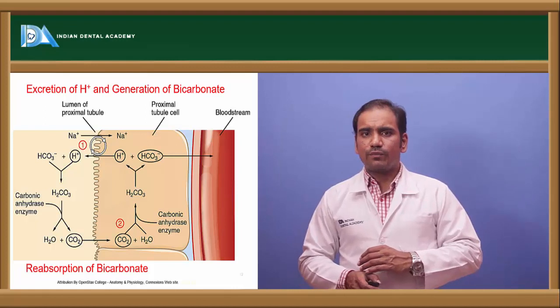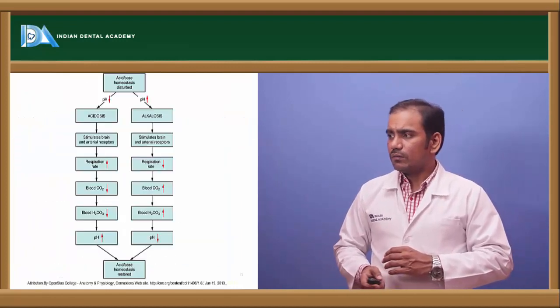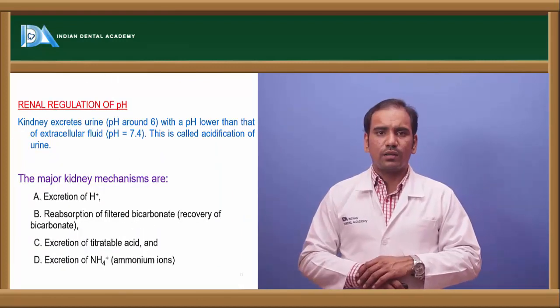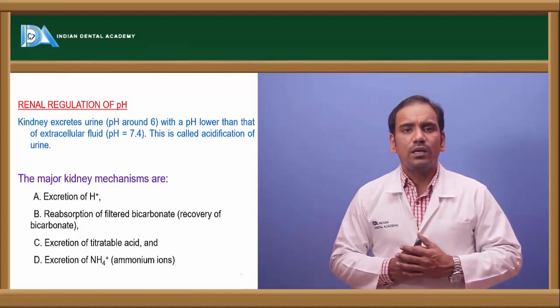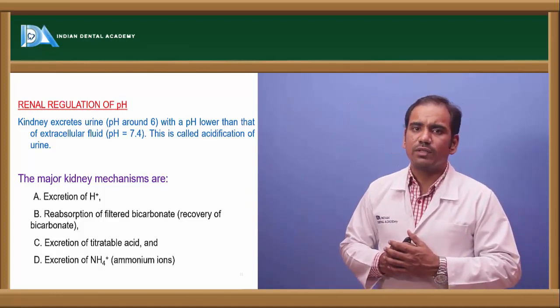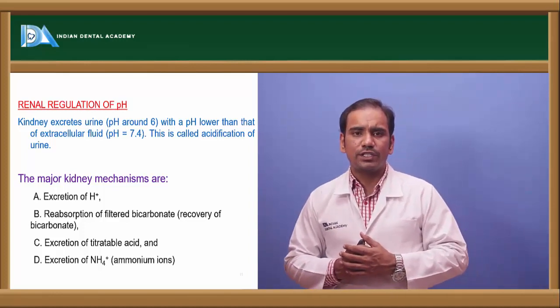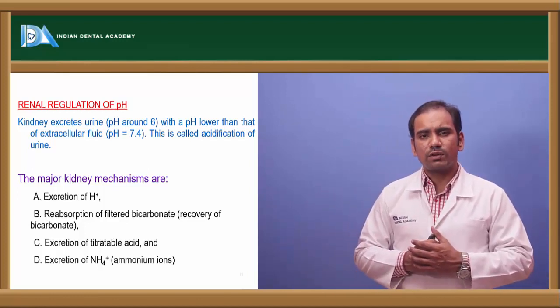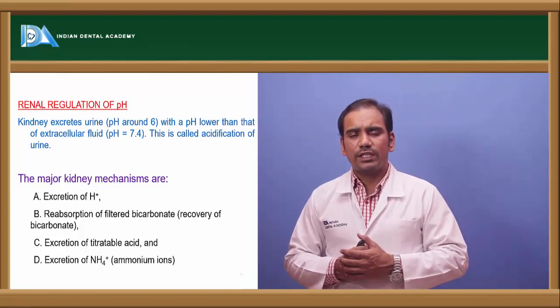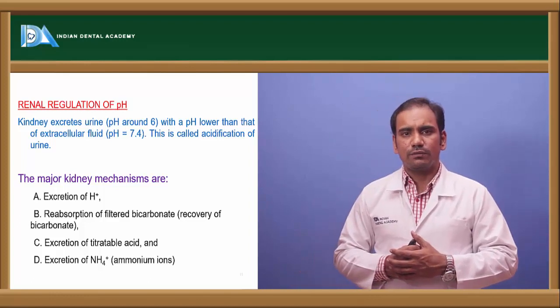Coming to the third line of defense. We have seen the first line of defense is buffer, the second line of defense is respiratory regulation, and the third line of defense and the most effective type of regulation is renal regulation. Right?